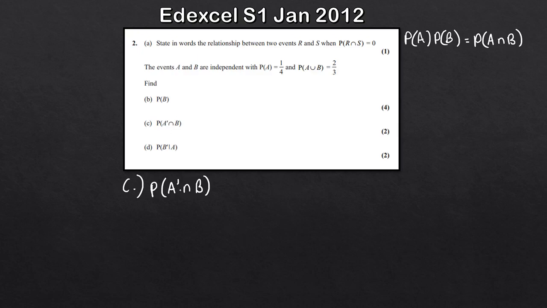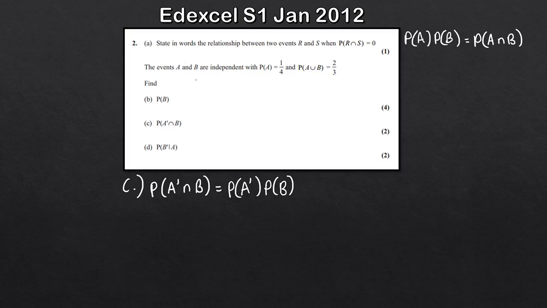So the probability of A complement intersection B is just the same as the probability of A complement times the probability of B. And again, that just refers back to the fact that A and B are independent.